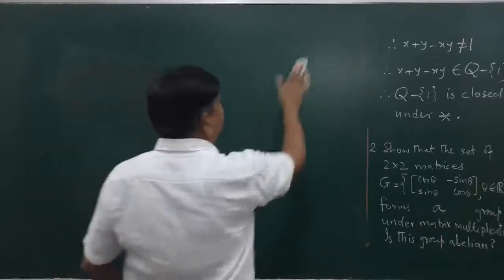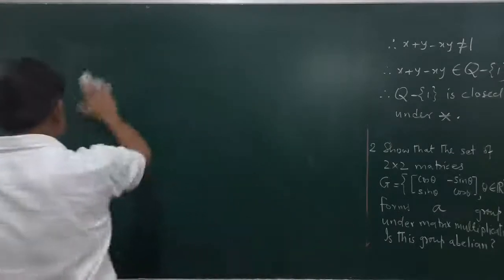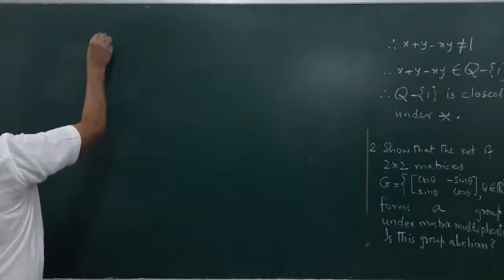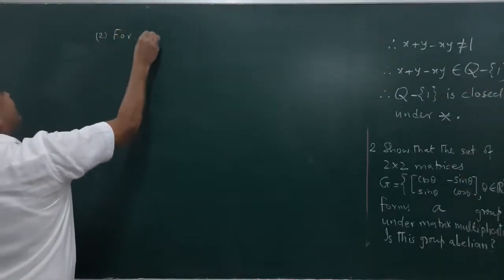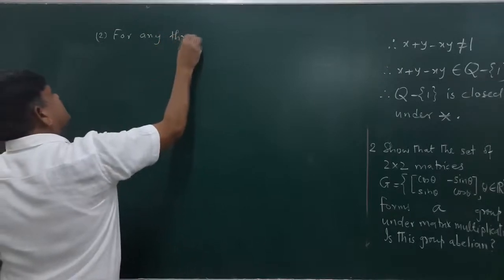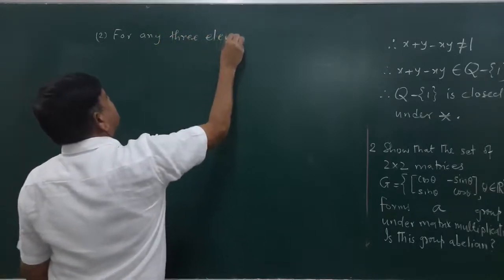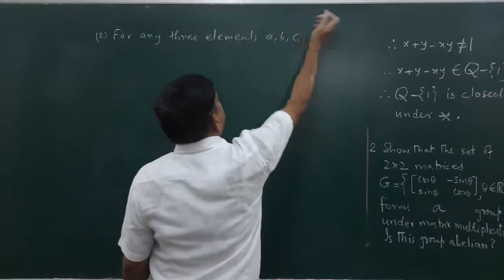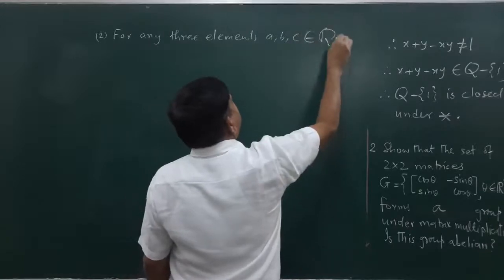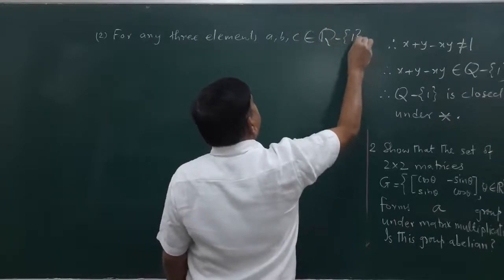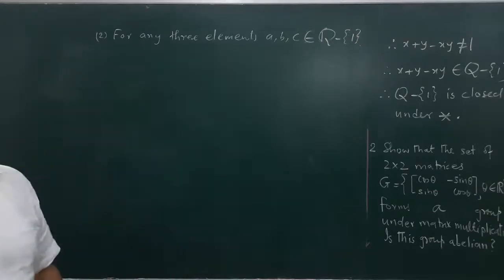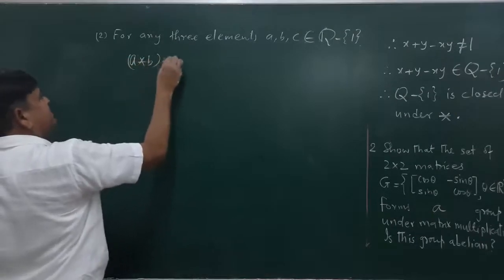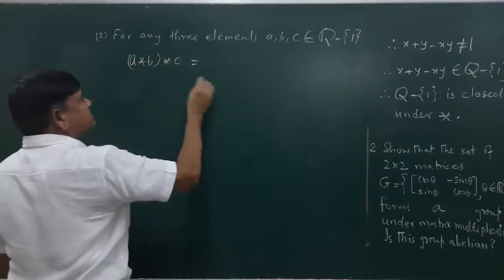Now we come to the second property, that is associativity. Okay. Number 2. For any 3 elements A, B, C belongs to, let us say A as it is B as it is C equals.